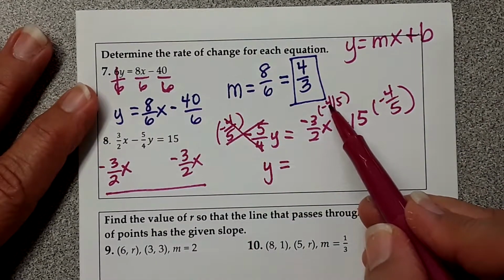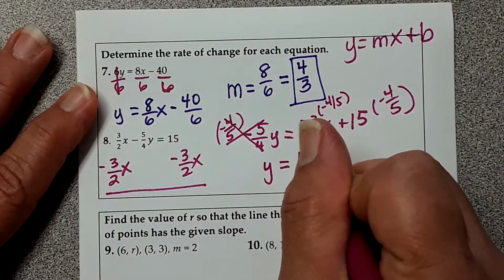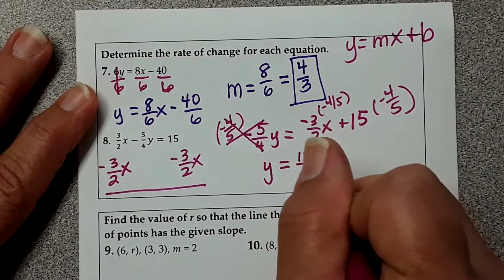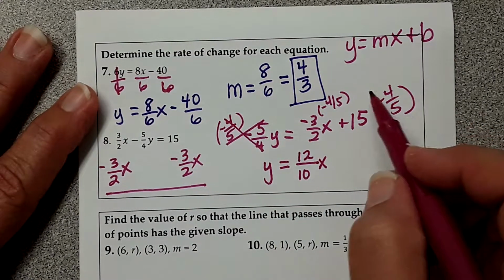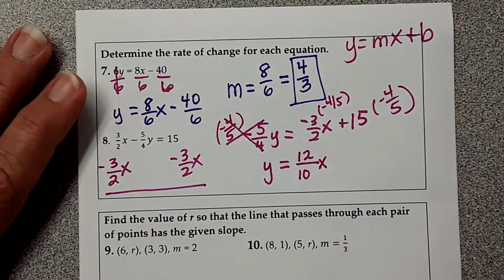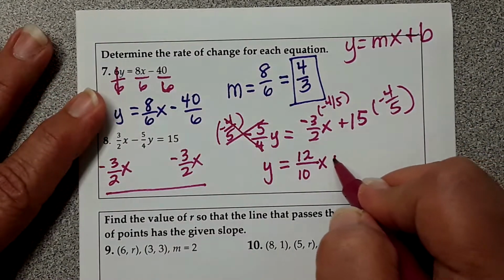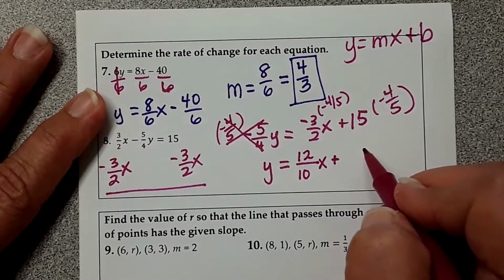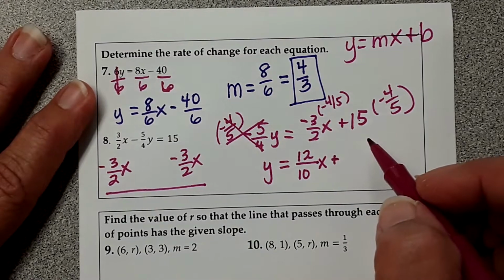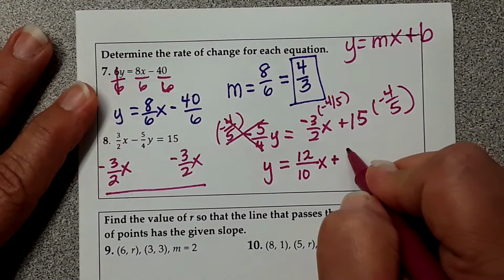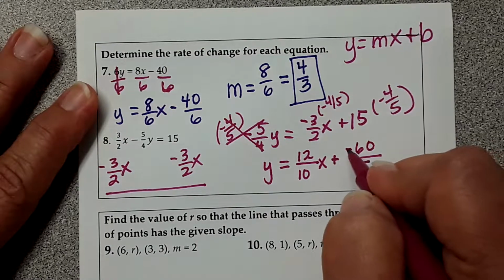Negative 3 times negative 4 is, and 2 times 5 is, I know you can reduce this, but I'm just going to multiply it out and then we'll reduce it. 5 times 4 is negative 60, right? I'm sorry, you're right. I said 5 times 4. 15 times negative 4 is negative 60, and then it's just over 5.